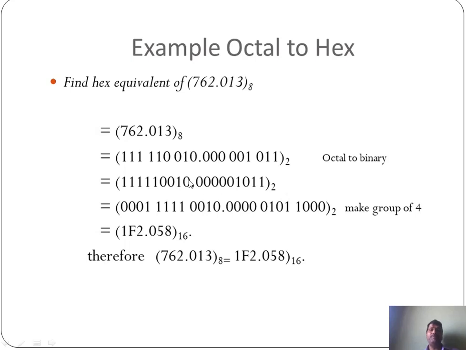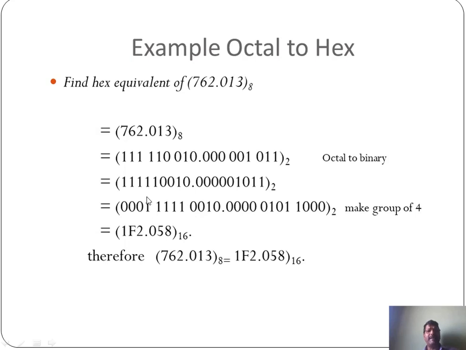Now we have to make group of 4 and now we have to convert binary to hex. So for this we have to make group of 4. So from binary point, make group of 4 towards left and towards right. So these 3 groups are there.